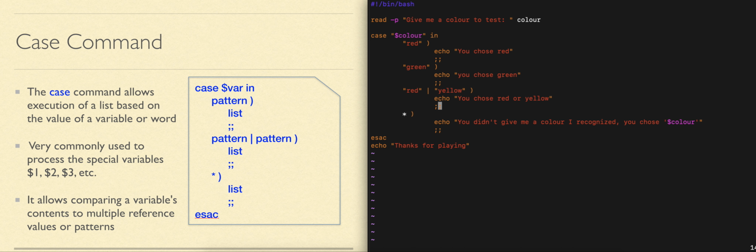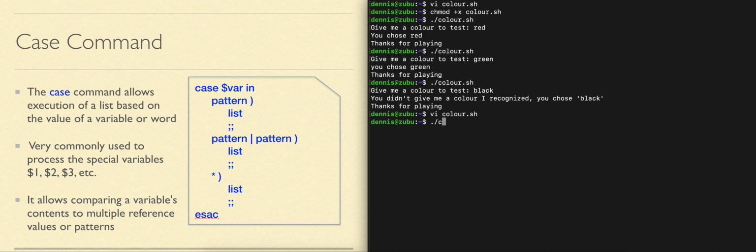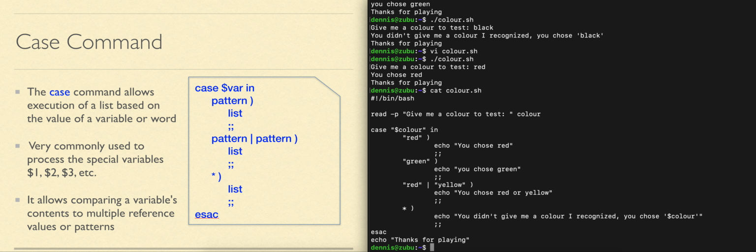Let's try this with the extra pattern. If we say red, you'll notice it only says we chose red, in spite of the fact that we put a match for red or yellow. That's because the first one it matched was the one for just red. It matched that, hit the double semicolon, and jumped to the end.